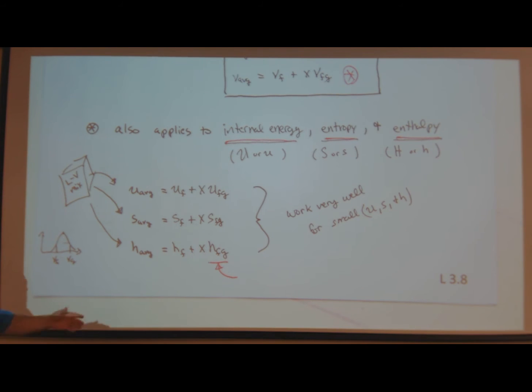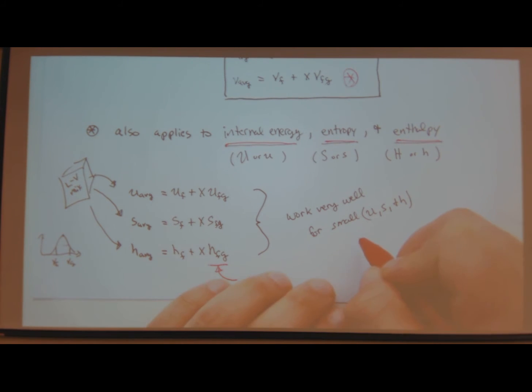So in this bell curve, I could plot temperature versus H. And when I'm on the saturated vapor line, I would have an HG, and when I'm on the saturated liquid line, I would have HF. So why don't I just do that right here?